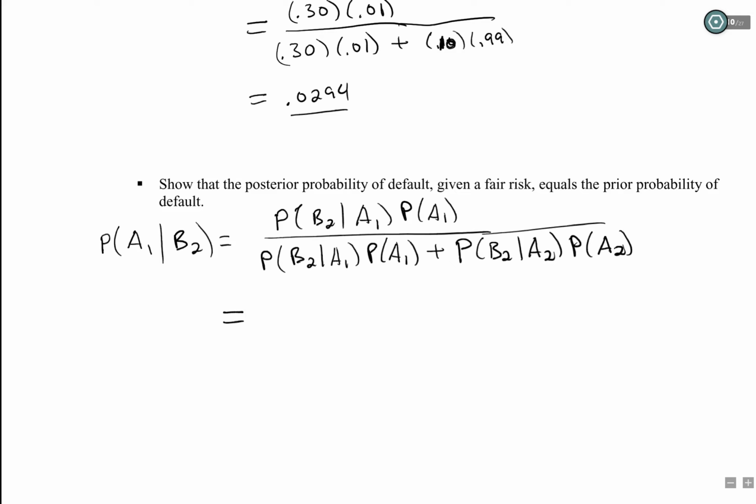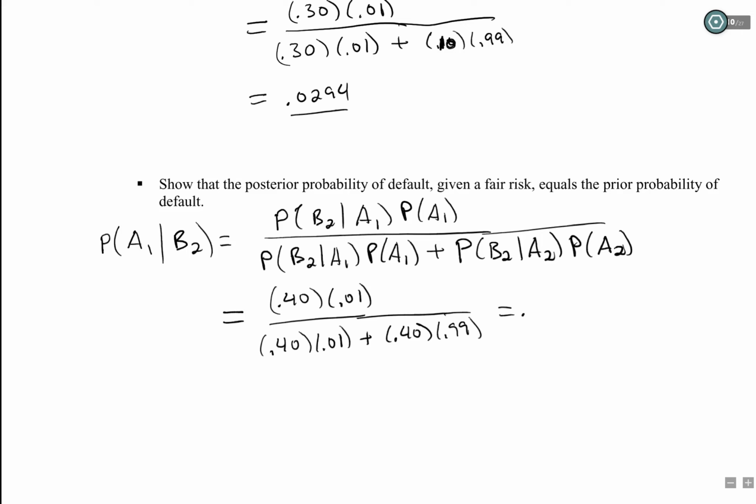Filling in from the information above, P of B2 given A1 we saw was 0.40, and P of A1 was 0.01. So I have 0.40 times 0.01 plus 0.40 times 0.99. If you work through that, you'll see that you get 0.01, which is the prior probability of default. So what is that saying?